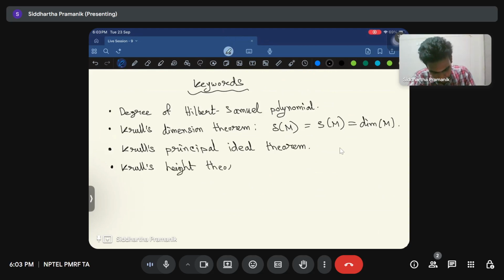And then we have seen dimension of polynomial rings. Basically, if R is Noetherian, then the dimension of the polynomial ring R[x] is the same as dimension of R plus 1.